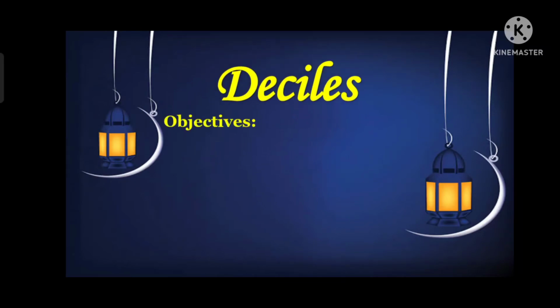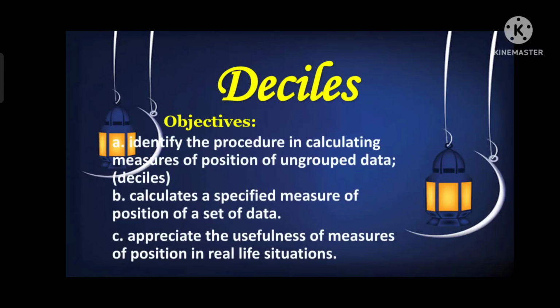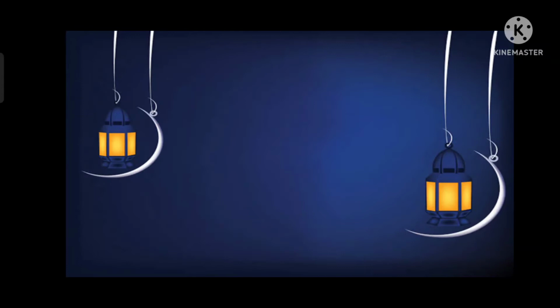Let's have our objectives. Letter A, identify the procedure in calculating measures of position of ungrouped data, the deciles. Letter B, calculate a specified measure of position of a set of data. And letter C, appreciate the usefulness of measures of position in real-life situations.